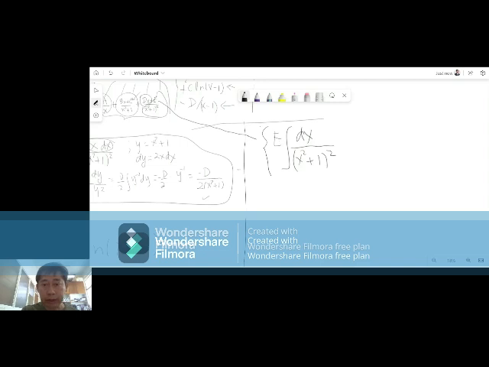Next, we see how we integrate the e term. To do this integration, you have to substitute x equals tangent theta. Then you just write a triangle to represent the formula here. You have a theta here. Tangent theta is the ratio of the opposite to the adjacent.